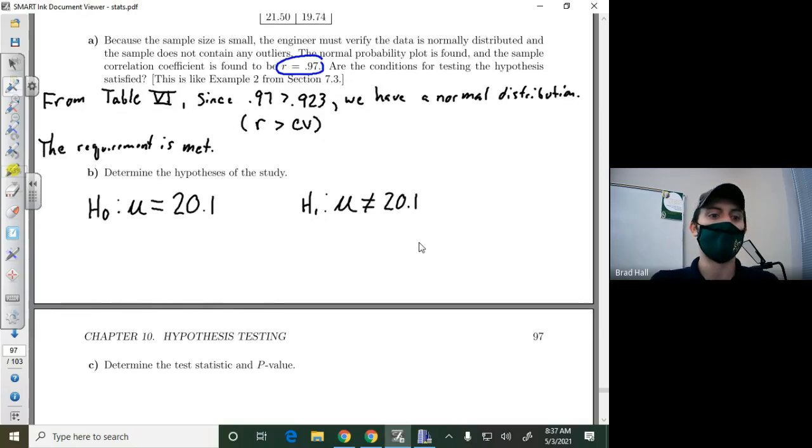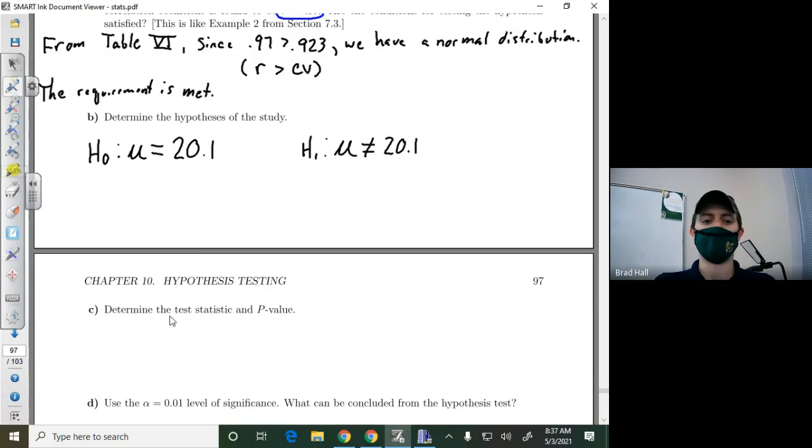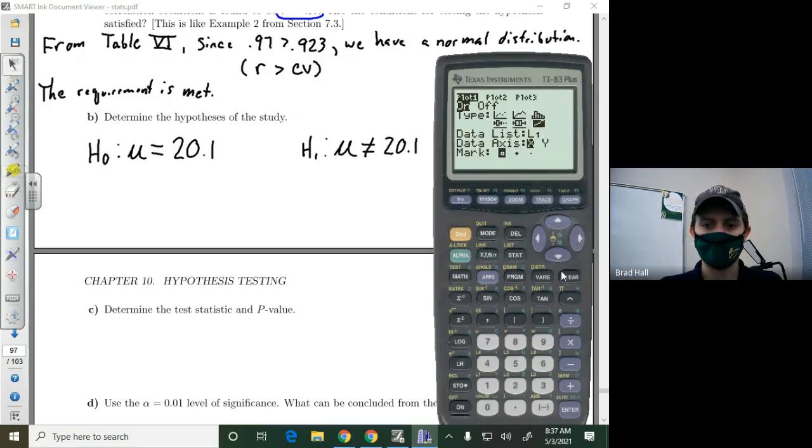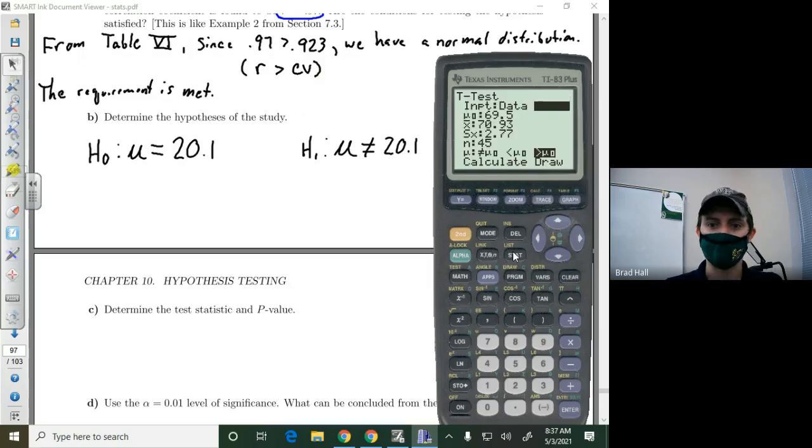Okay. So there's the hypotheses, and then they immediately want the test statistic and the p-value. Now, for the test statistic and the p-value, I'll be scrolling back up to the data set here momentarily, because to figure out the test statistic and the p-value, you would have to go to stat and test and t-test, and well, all we know is 20.1.